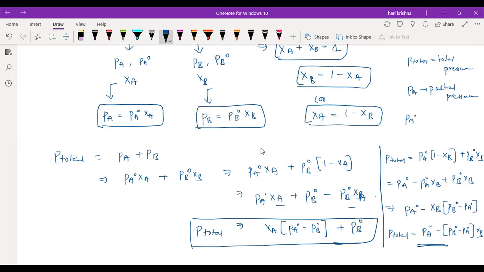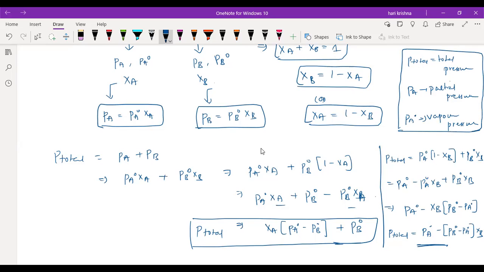Next, PA naught, the vapor pressure. So three types of pressures are there: total pressure, partial pressure, and vapor pressure. Vapor pressure is possible in the case of closed containers. Partial pressure means individual gas exerting some pressure in the container. Total pressure means adding up all the partial pressures.